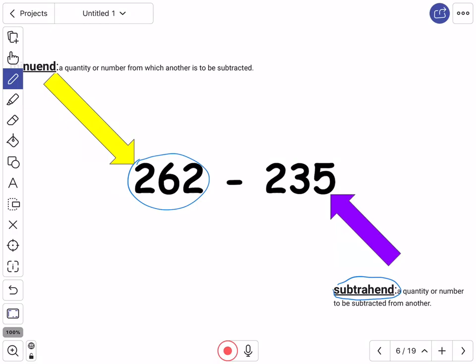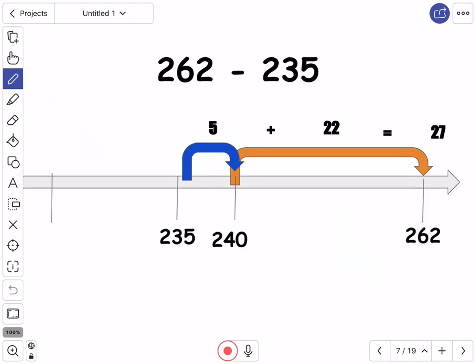All right, so the first problem in this string is 262 minus 235. So thinking back to our number lines here, if we do it this way, we have 262 minus 235. I've got my 262 over here, and I've got my 235, and I simply am going to jump to the 262, and first I'm going to get to a solid number of 240.